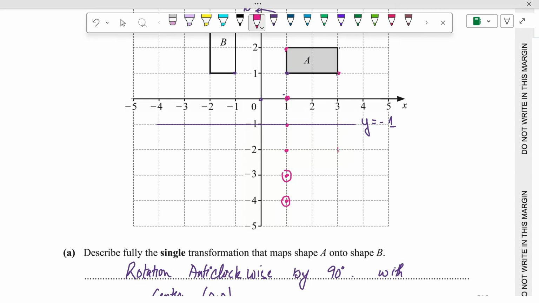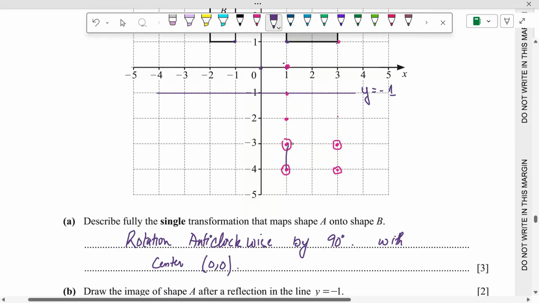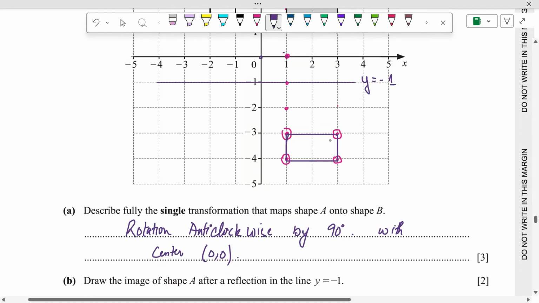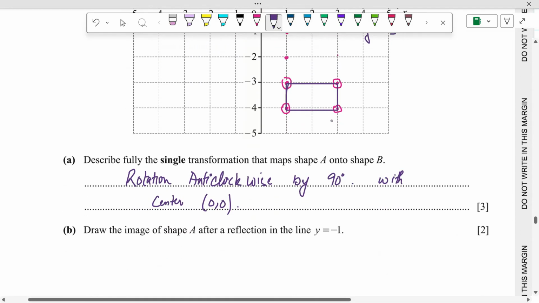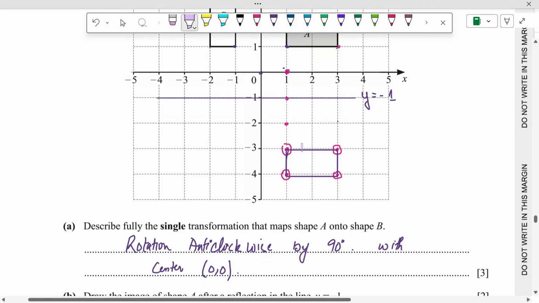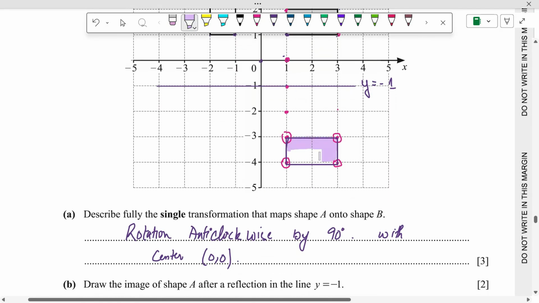From here, 1, 2, this point and this point. So joining these points, we can get the shape of A, the reflection of A with respect to the line y is equal to -1. You can highlight it. So this is the shape A.